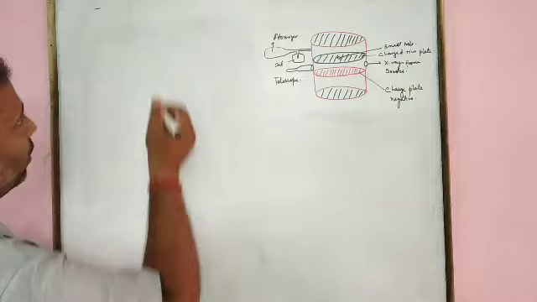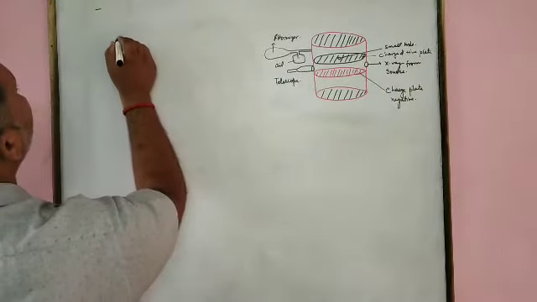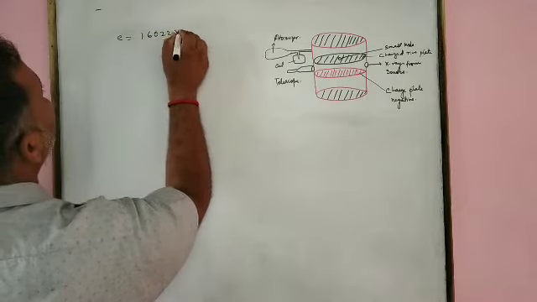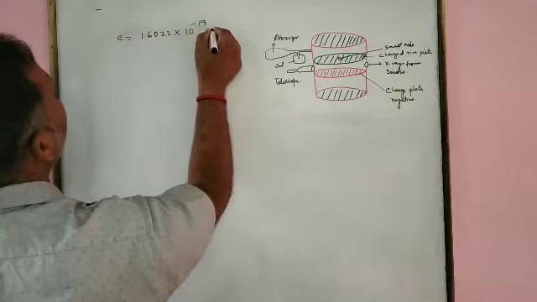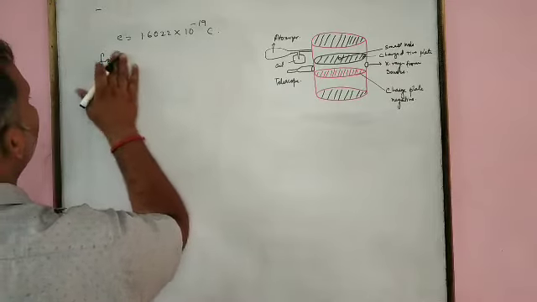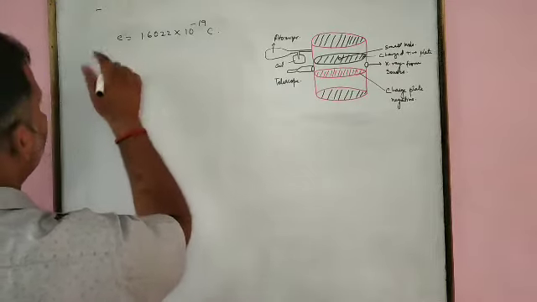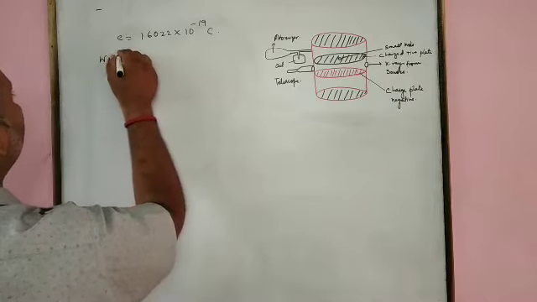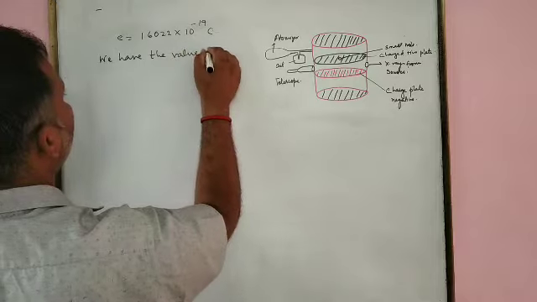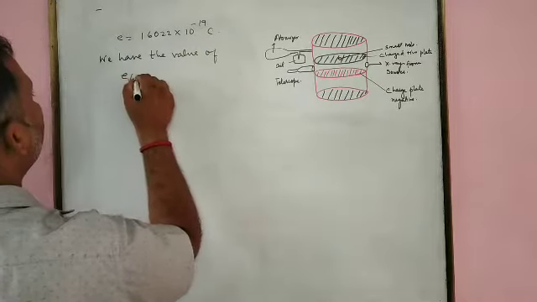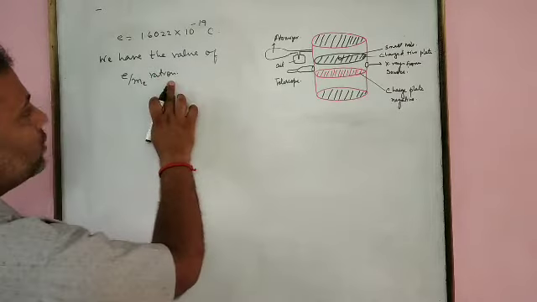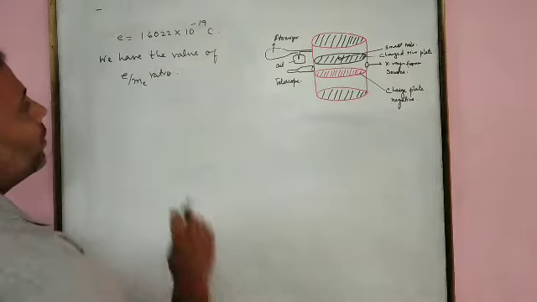What do we calculate? We have e equals 1.6022 × 10^-19 coulomb. And we have the value of the e by m_e ratio, which is observed by J.J. Thomson.